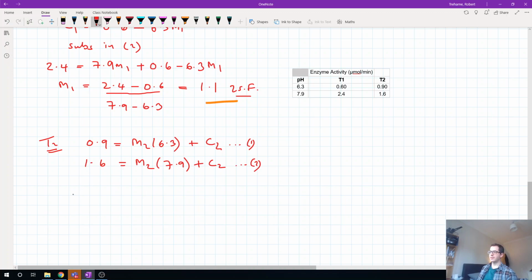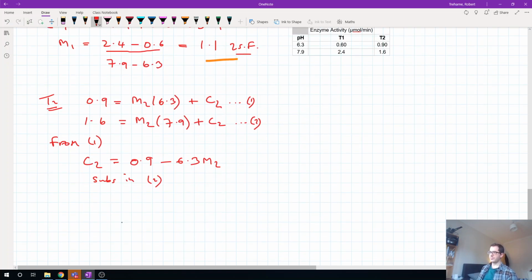So again, from 1, c2 is equal to 0.9 minus 6.3 m2. Substituting into 2 to get 1.6 equals 7.9 m2 plus 0.9 minus 6.3 m2.